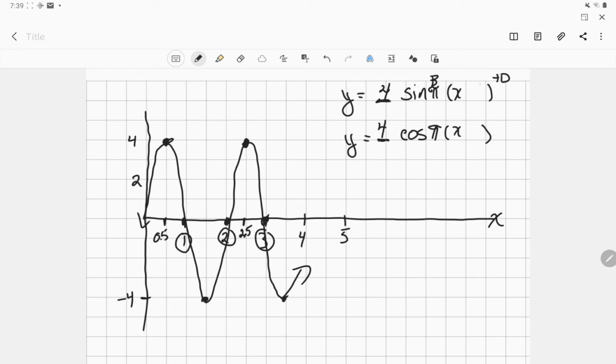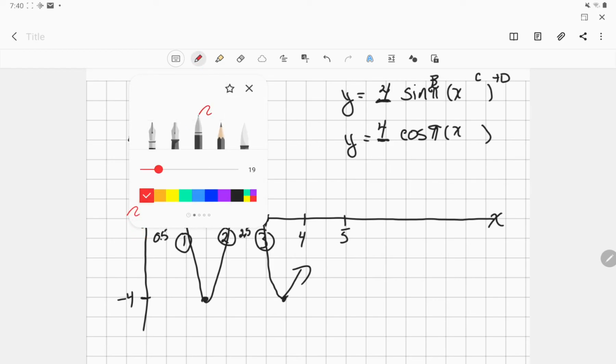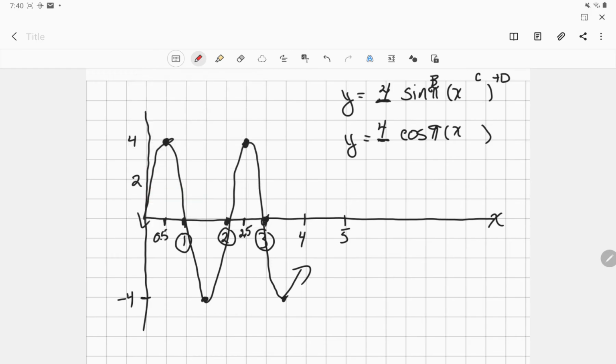So that leaves us with the phase shift, the C. That is the only part that is different depending on if that's a sine wave or if that's a cos wave. So what I want to do is look at sine first. Just a regular sine wave starts at 0 and 0 and goes up, comes down, and goes back up, right?